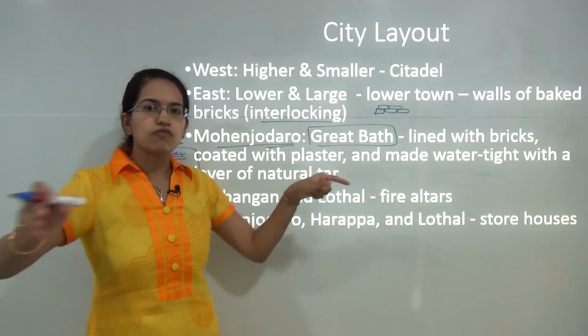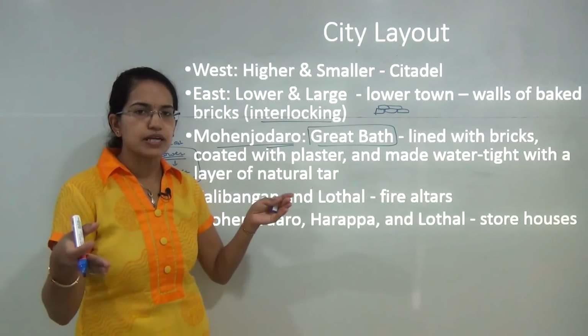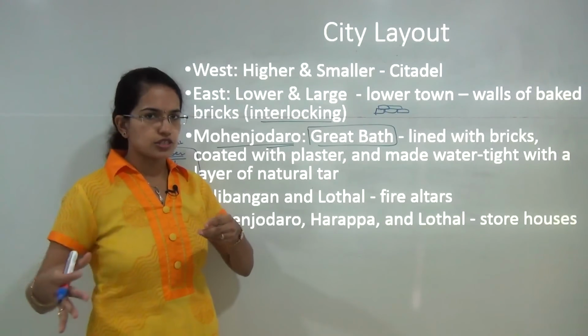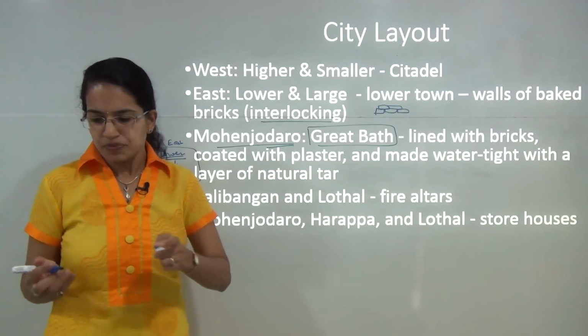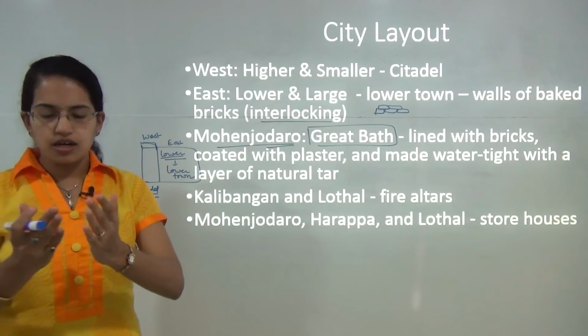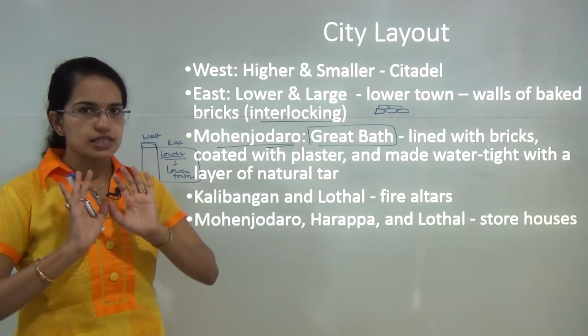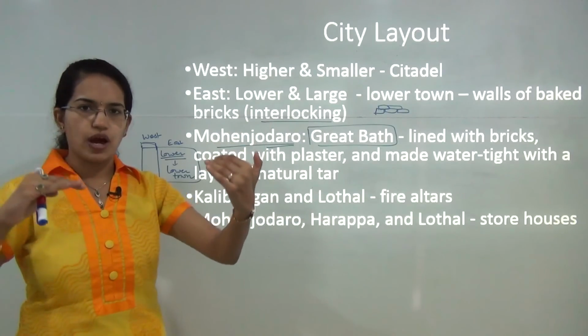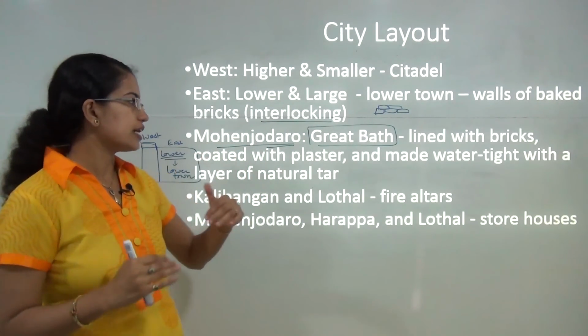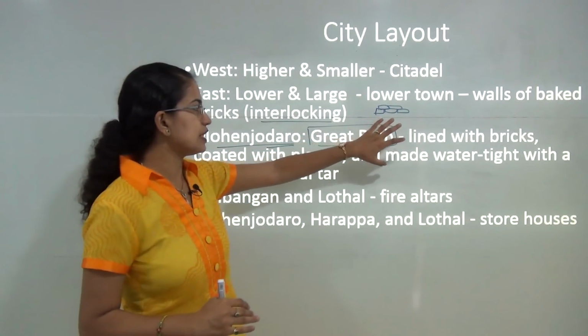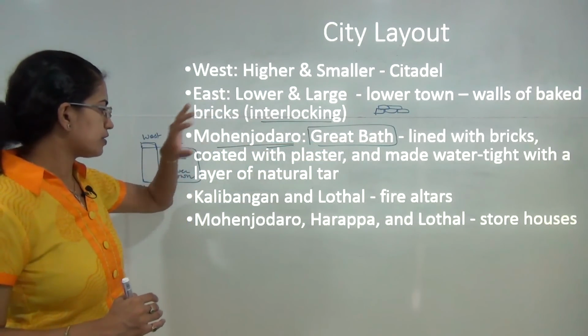It was a kind of watertight compartment, and there was no leakage or seepage of water from the great bath. The great bath was surrounded by rooms on all sides, and on two sides you had steps to reach the great bath. So, the great bath was a unique characteristic of Mohenjo-daro.